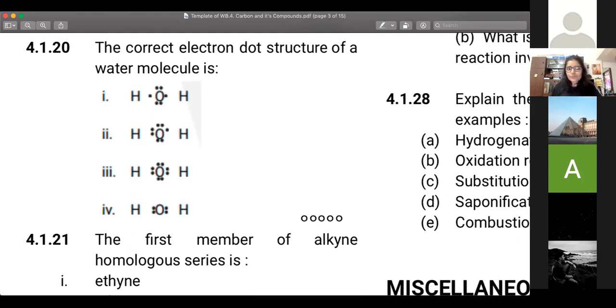Anirban, no. Elena, yes. Technically, Anirban, yeah, but if you look at the options, they've specified the lone pairs on oxygen also, right? So take that also into account, see which one would be correct. Divya correct, Neil correct. Yeah, Anirban, now you got it right.